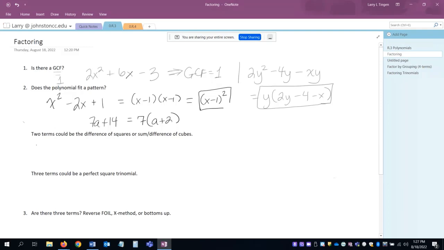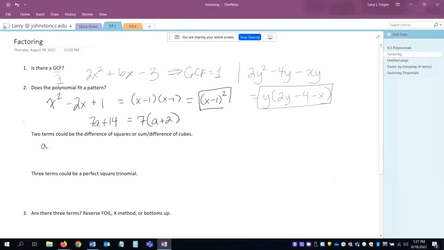The difference of squares would be, how have I got that written down? A squared. If you have an equation that looks like, and the A and the B are going to get a little confusing.